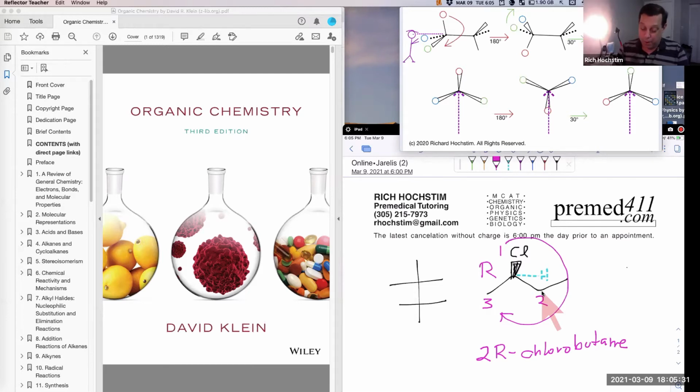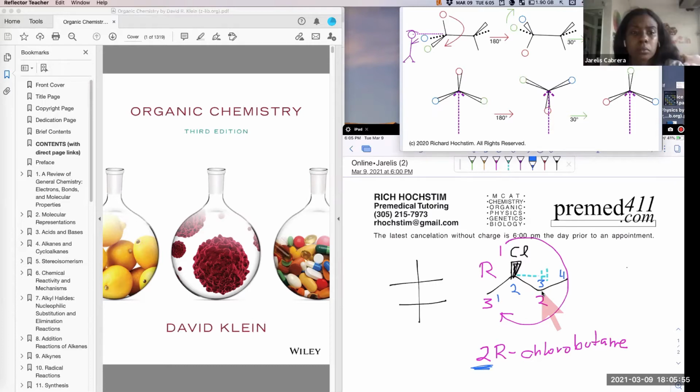What I'm doing here is numbering this in the following way, because it gives the chlorine the lower number.